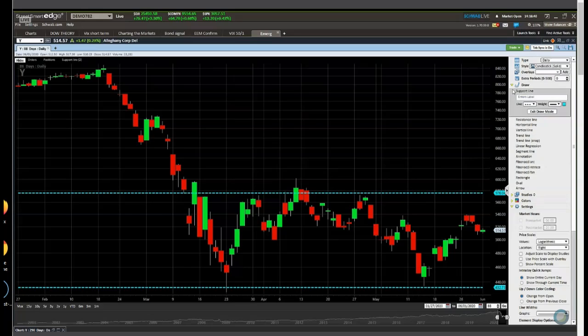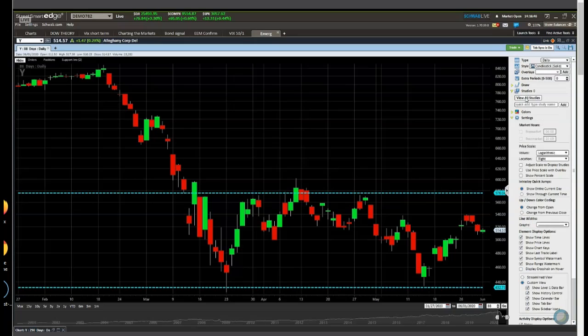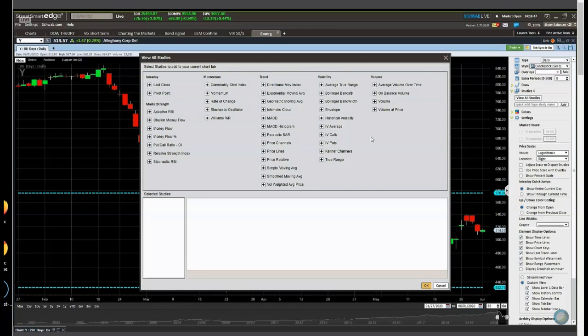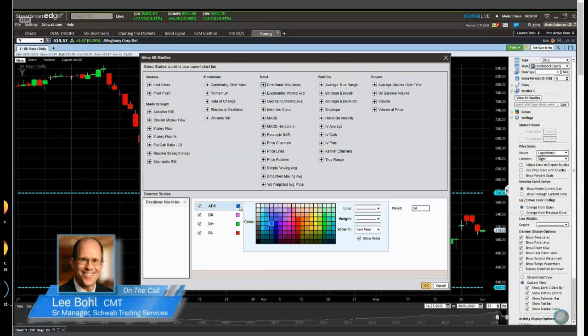So we're going to go to Studies, View All Studies. It's under Trend, Directional Movement Indicators. Okay. All right, so blue doesn't show up very well. I'm going to change that to yellow for ADX. Okay.